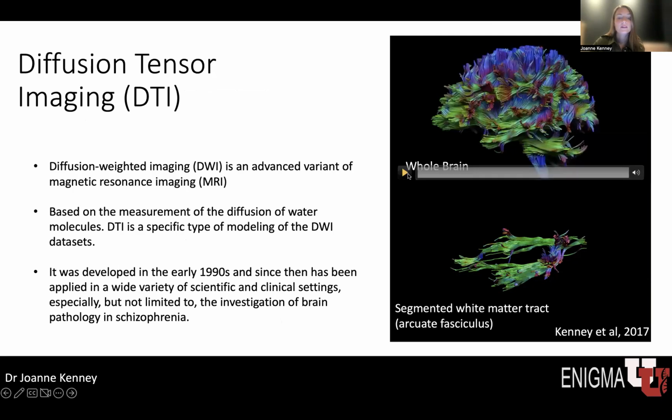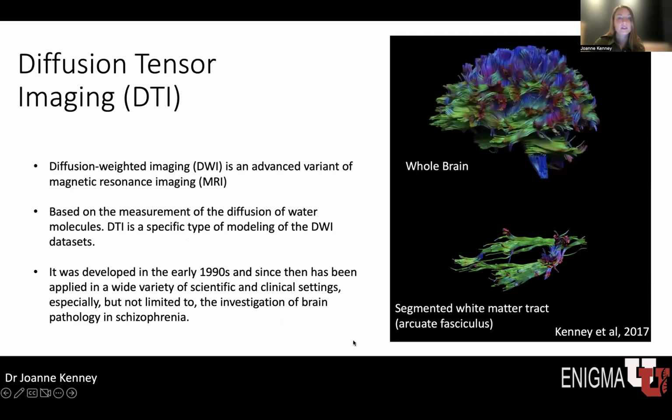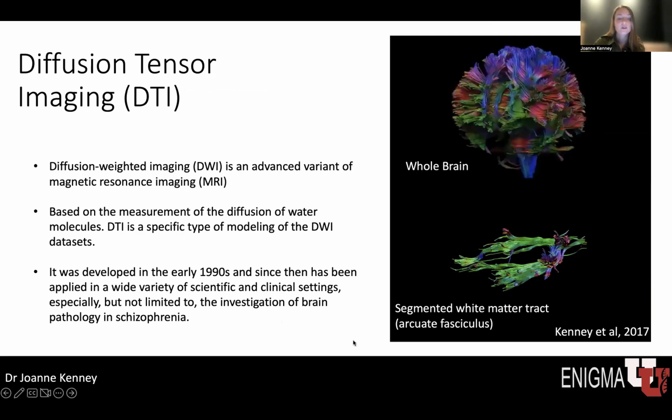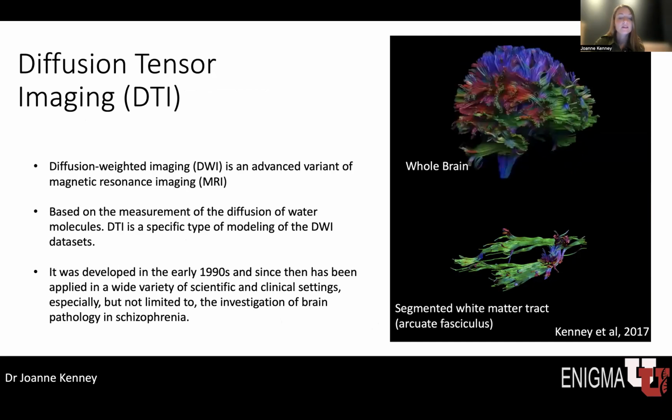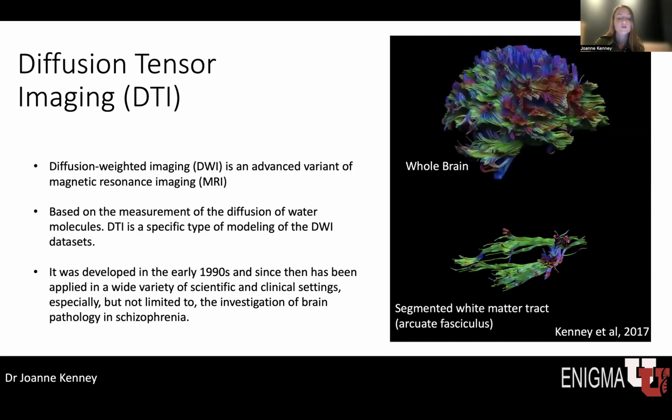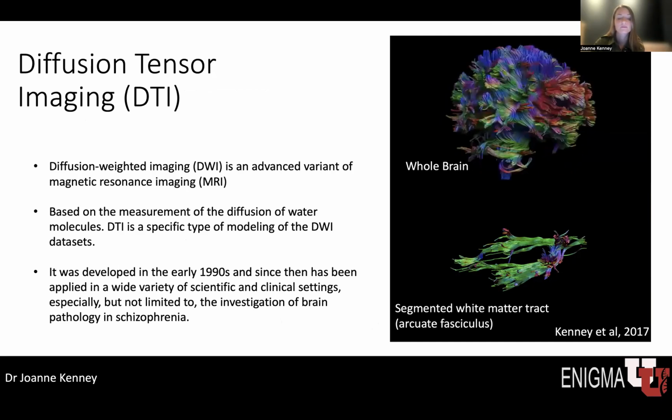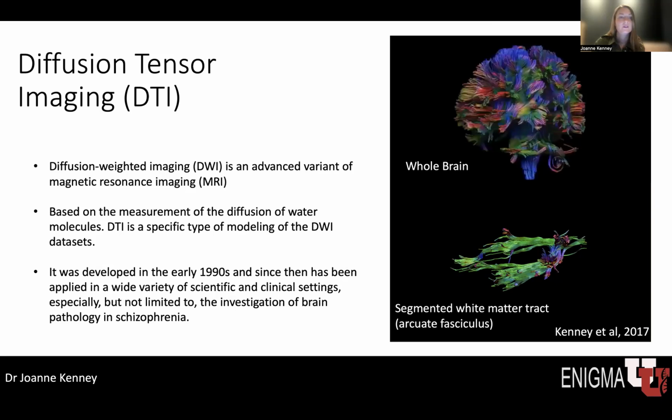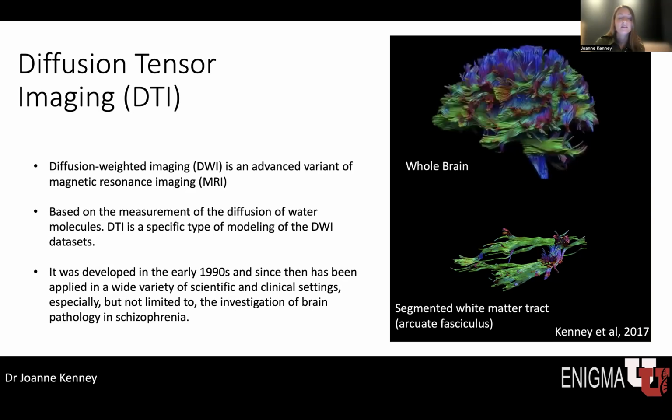So diffusion weighted imaging is an advanced variant of magnetic resonance imaging. And it's based on the measurement of the diffusion of water molecules. And diffusion tensor imaging is a specific type of modeling of the DWI datasets. It allows us to reconstruct white matter tracks in the brain.